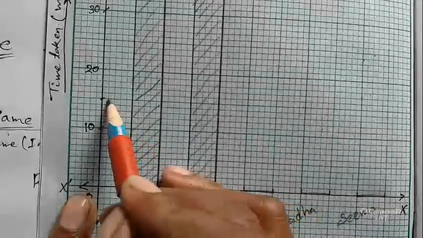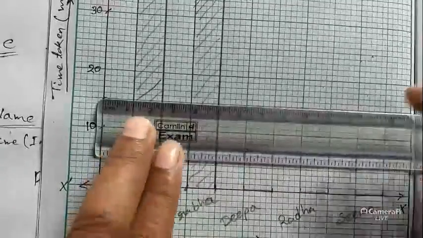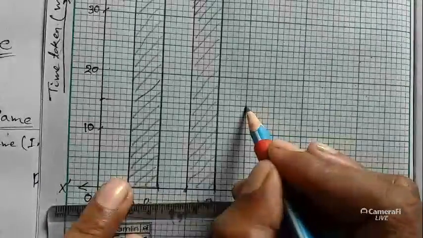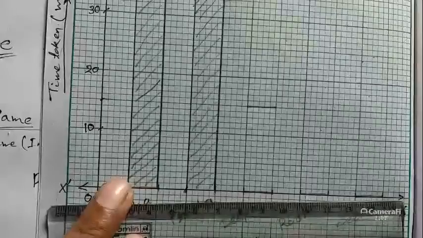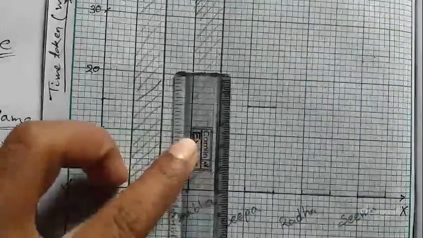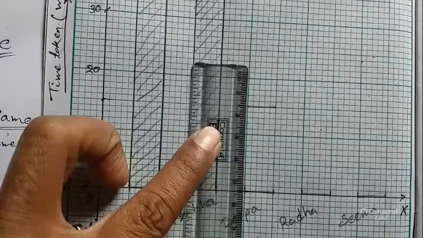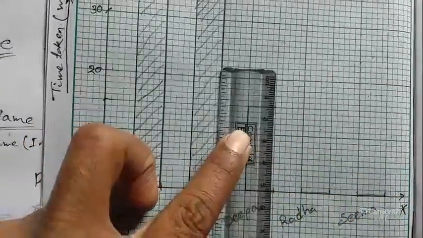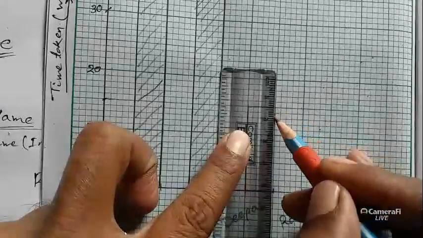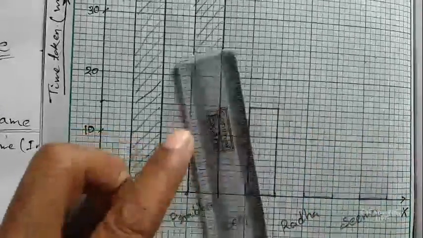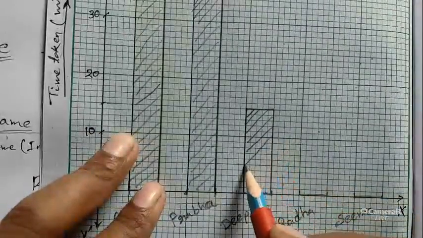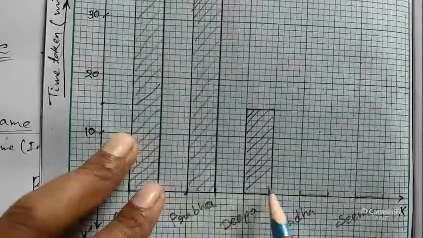This is 15. So if we come here, we get 15 from here to here. This is the level for Deepa. Join it. So this is the rectangular bar for Deepa.